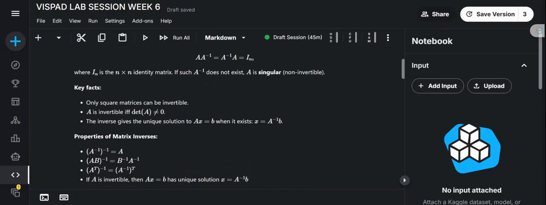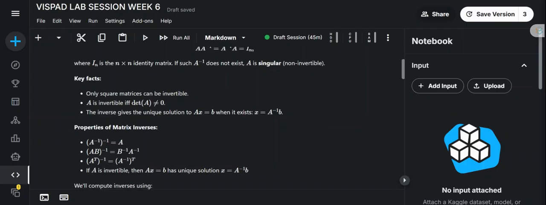Only square matrices can have an inverse, but not all square matrices have an inverse. And if a matrix has an inverse, then we say that matrix is invertible. So if a matrix is invertible, then it means that the determinant of that particular matrix does not equal 0.